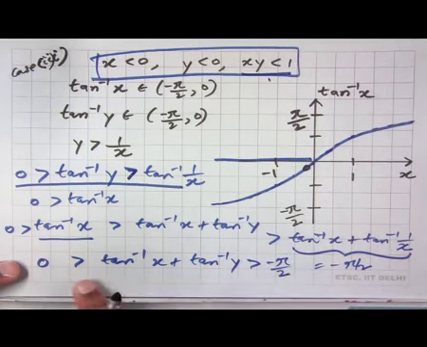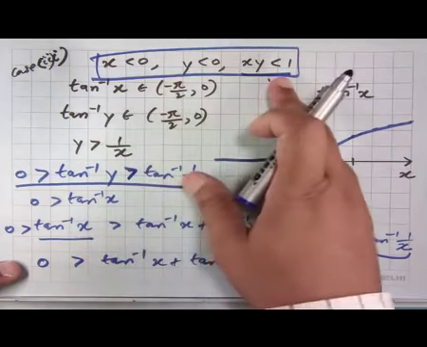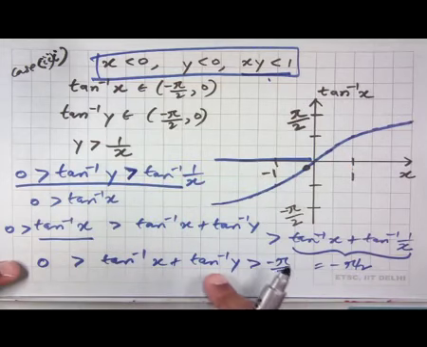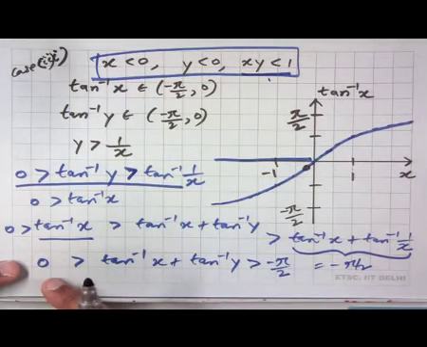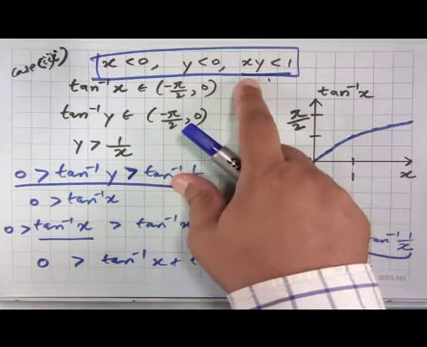So if x and y satisfy this condition, then tan inverse x plus tan inverse y belongs to the interval minus pi by 2 to 0, which is a subset of the range set of tan inverse. So this case is also a subset of this case.